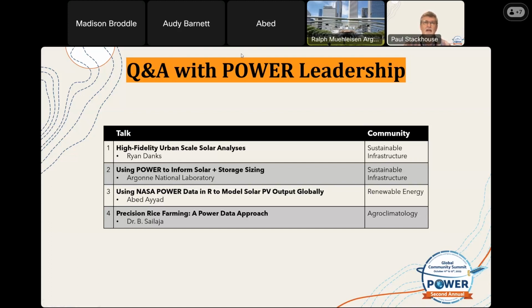Having those correlated in time, plus being validated and accurately representing the variability was really an important feature, and really glad to see that it's being used in that way, and also appreciate the use of the hourly data.